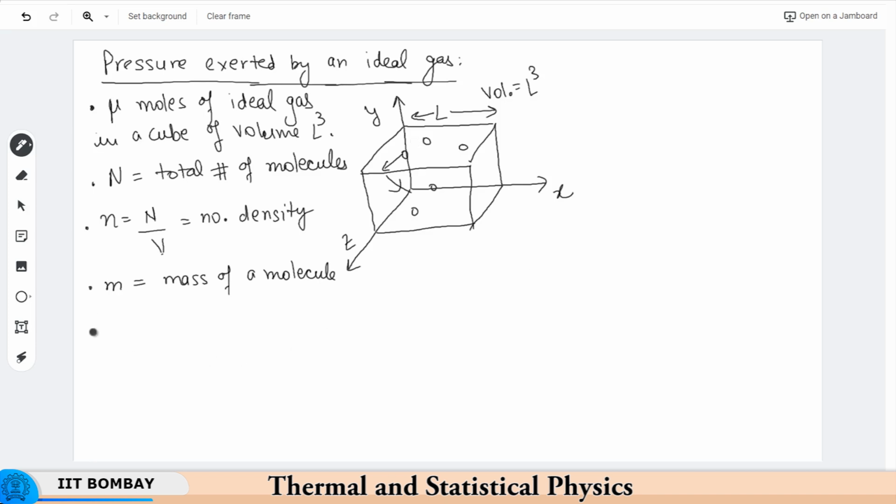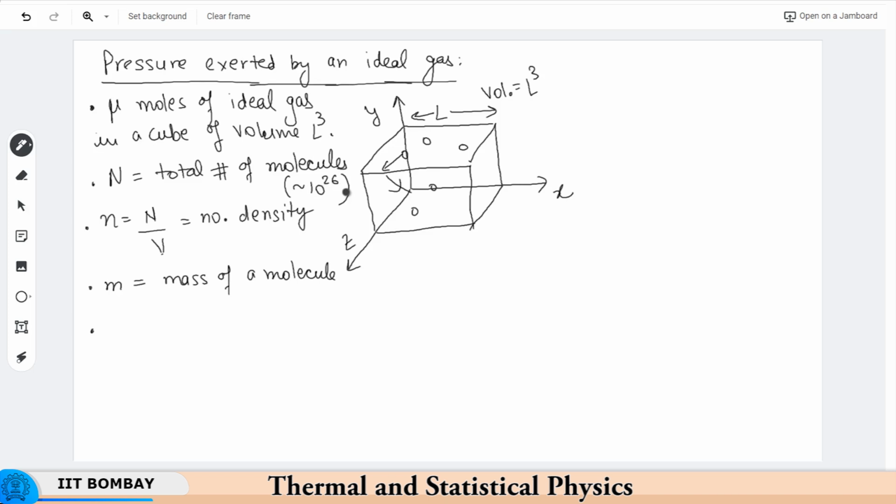But again remember the total number of molecules that we are dealing with is a very large number. For example, in this room we have anywhere from 10 raised to power 26 to 10 raised to power 27 gas molecules. Essentially what we will do is statistically average out many quantities.